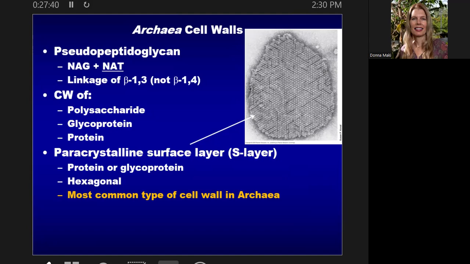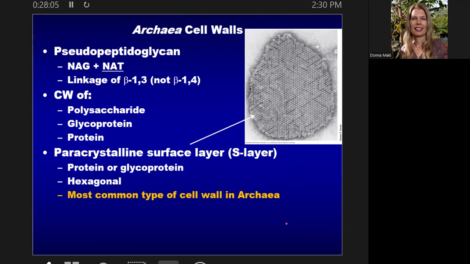So obviously the paracrystalline S layer is a pretty versatile structure for a lot of different archaea to use in different habitats. Okay. So that's basically all I'm saying about archaea because there's so much diversity there. That's all I'm going to say about the cell wall.